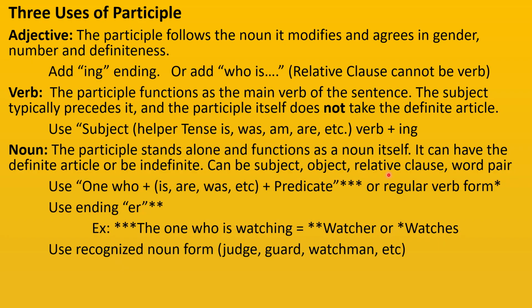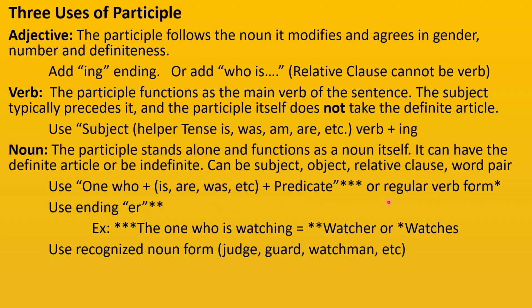It can be part of a relative clause, or it can be the first word in a word pair. So, how do you translate it then? Generally speaking, you can use "one who is walking."